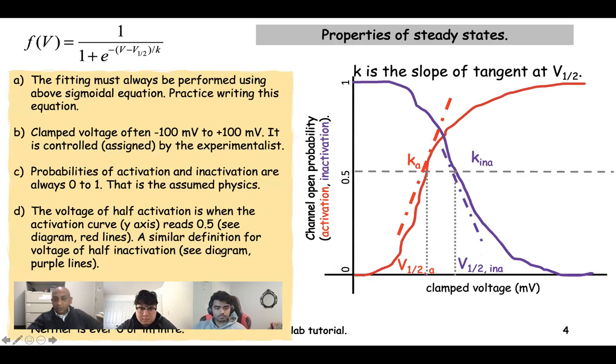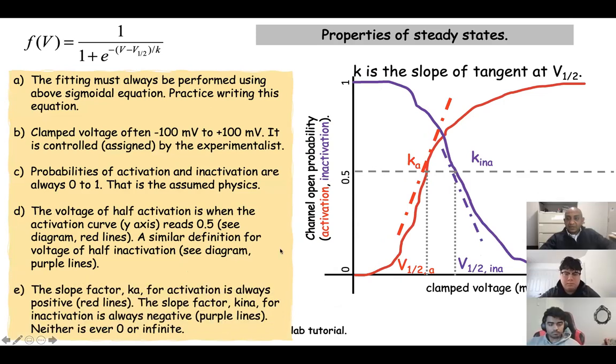It's explained a little bit more on this slide. Again, I've left the sigmoidal function that we will use for fitting at the top, which is 1 over 1 plus exponential of minus (v minus v half) divided by k. In general, the properties of an ion channel's steady states are listed in the yellow box on the left-hand side and illustrated in the graph on the right-hand side.